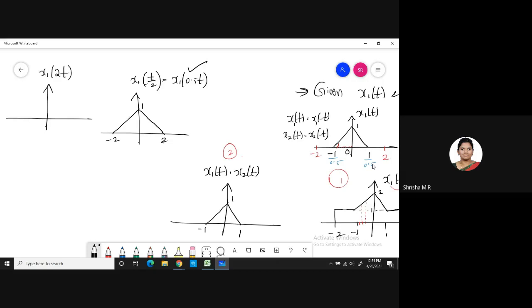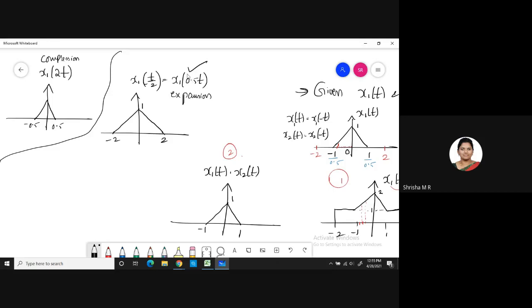The signal will exist from -0.5 to 0.5. The signal has compressed. When you scale t with an integer, there will be compression of the signal. When you scale t with a fraction, there will be expansion of the signal. They didn't ask this, I just showed you.